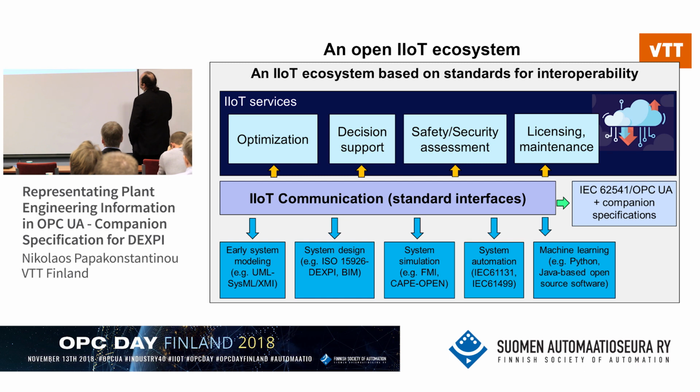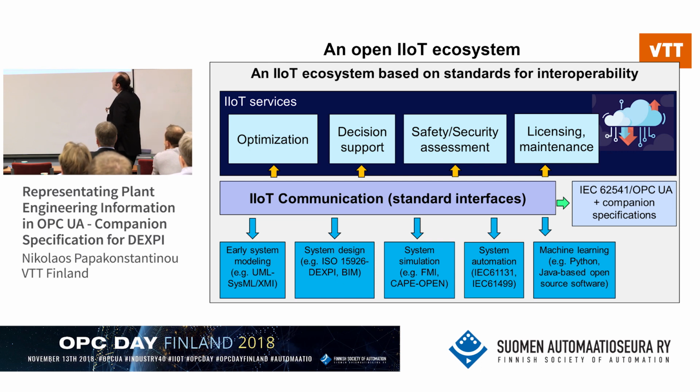Okay, I'm sorry about this picture, you cannot really see that well, but the idea is that we want to have data sources based on standards. Might be from UML, SysML, and XMI, all the way to ISO 15926 for piping and instrumentation diagrams, to simulation standards like FMI and Modelica, control automation standards like 61131 and 61499 and so on.